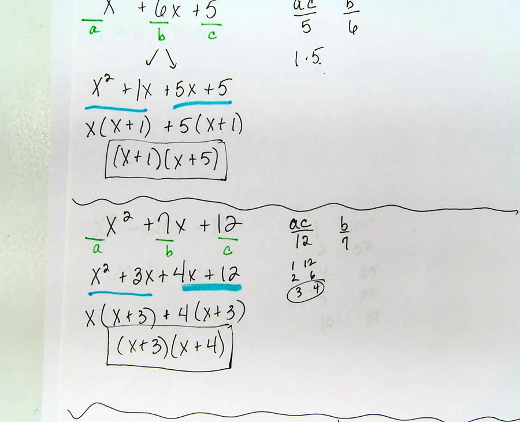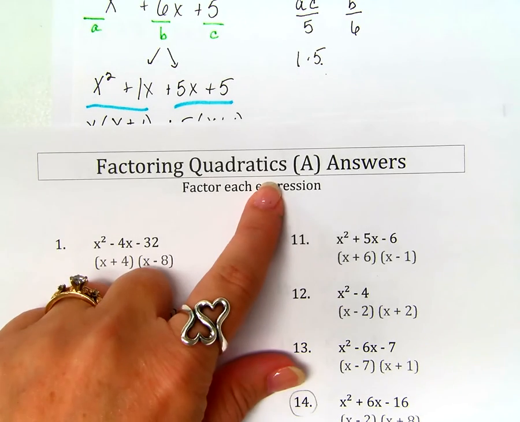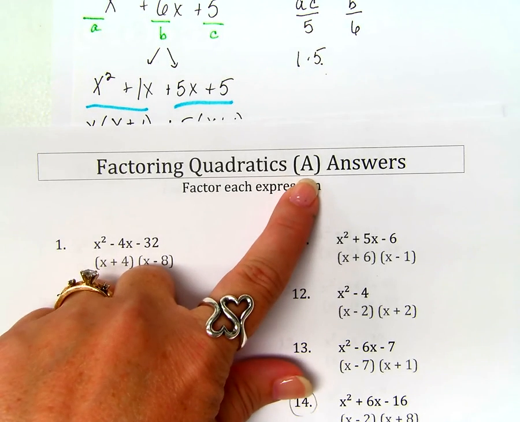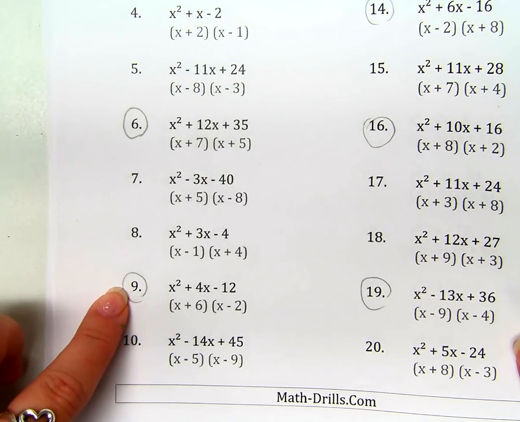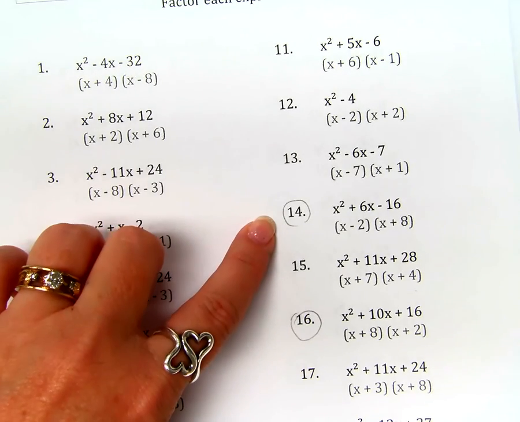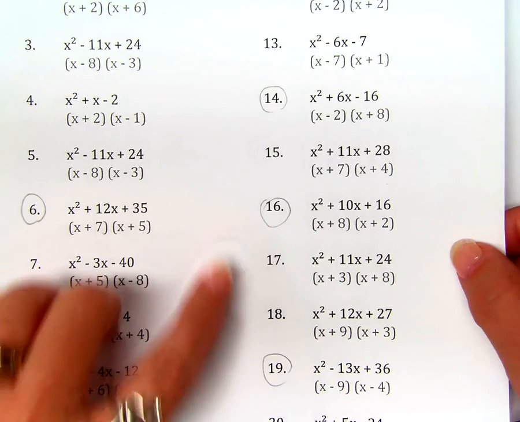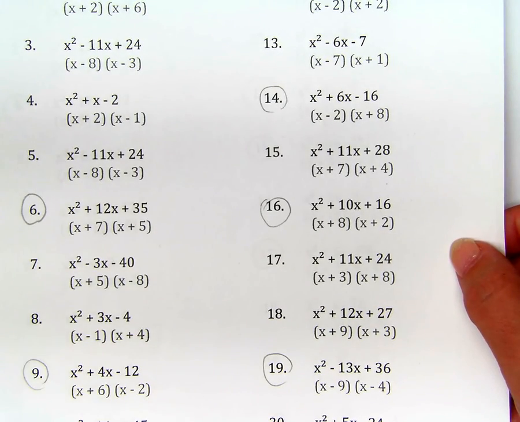Okay. Just so you know, these are the questions I want you to circle on your worksheet. On factoring quadratics side A, I want you to circle 6, 9, 14, 16, and 19.